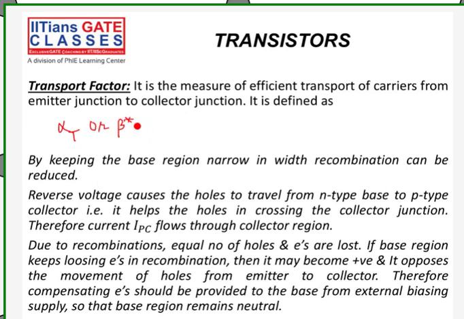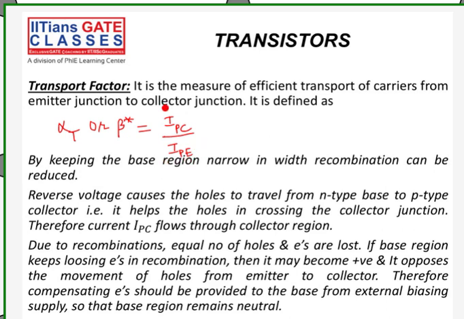So this beta star is the transport factor, and it is equal to IPC divided by IPE. IPE means total charge carriers which started from the emitter region, and IPC the total charge carriers which reached the collector region. So their current ratio is called the transport factor.